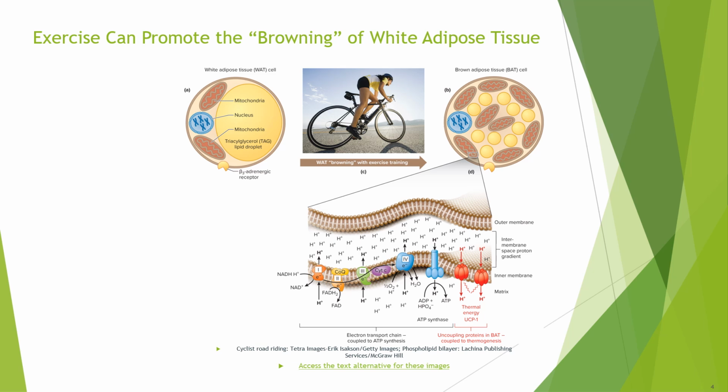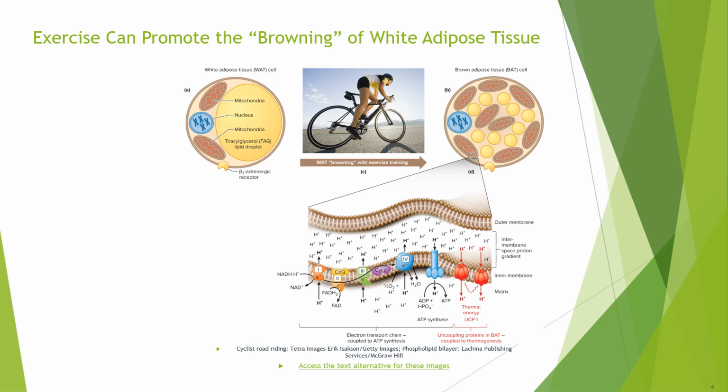Exercise stimulates the production of mitochondria within white adipocytes, enhancing their capacity for thermogenesis. The activation of PGC-1 alpha: exercise induces the expression of peroxisome proliferator-activated receptor gamma coactivator 1 alpha, which is a mouthful, which is a key regulator of mitochondrial biogenesis and energy metabolism.